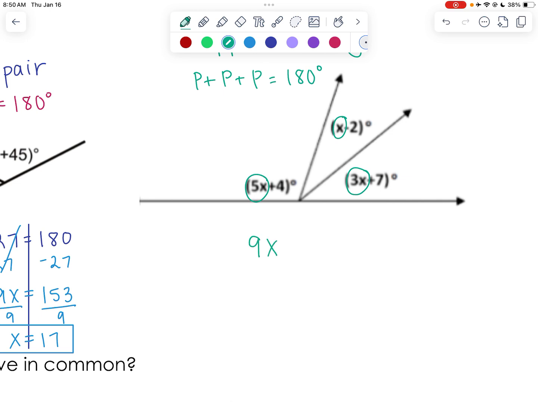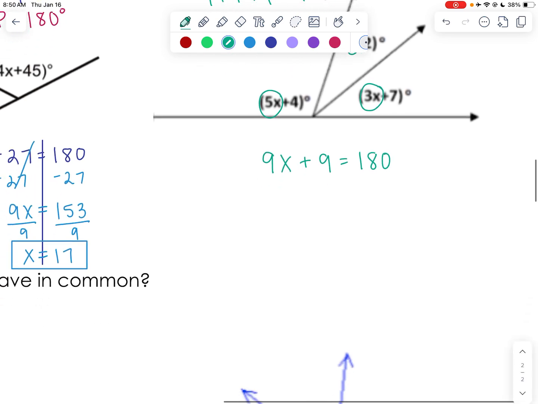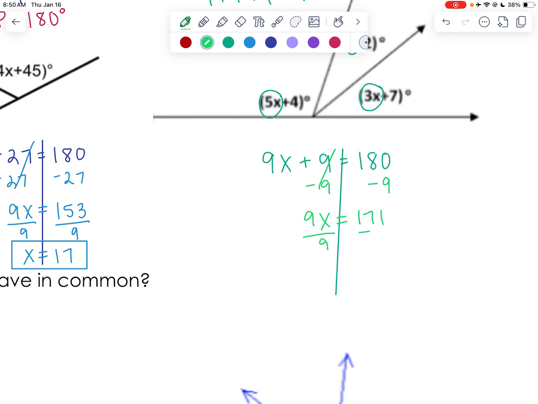And then I have positive 7, positive 4, minus 2. So that would be positive 9 equals 180. And then I'm going to set up my fence and solve from there. Notice that all of these solving ones are really similar. When I don't have a variable on the other side, I end up just adding or subtracting. In this case, subtract 9. 9x equals 171. Divide both sides by 9. So x is going to equal 19.